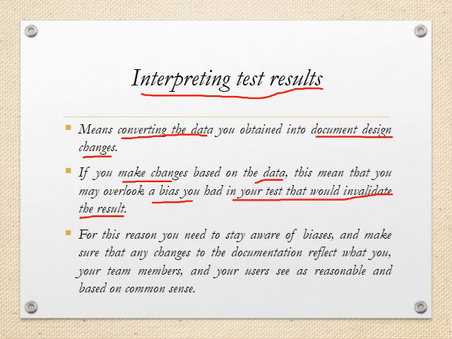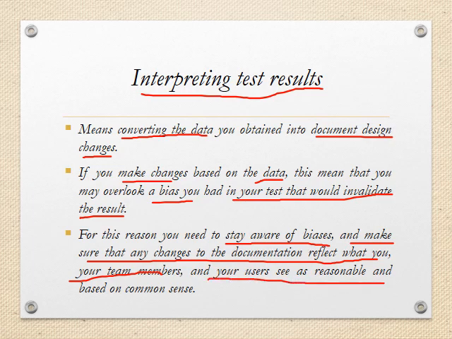could affect the results of the document and affect the design of the document. For this reason, you need to stay aware of biases. Don't be biased to any opinion. Make sure that any changes to the documentation reflect what your team members and your users see as reasonable and based on common sense.